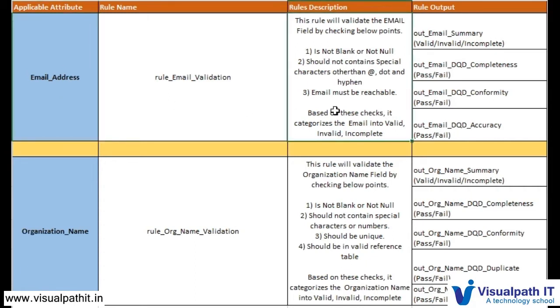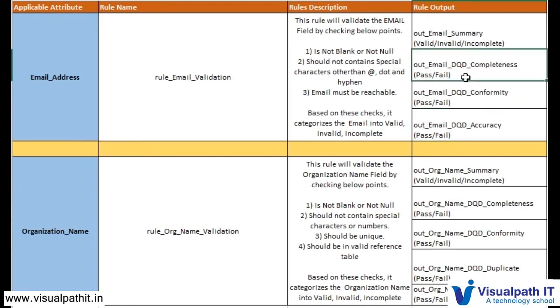Here is the rule description. We need to finalize the status of this rule, whether it is valid or invalid. While we are doing this process, we should be in a position to distinguish all the data quality dimensions like completeness, conformity, accuracy, which we have seen earlier.